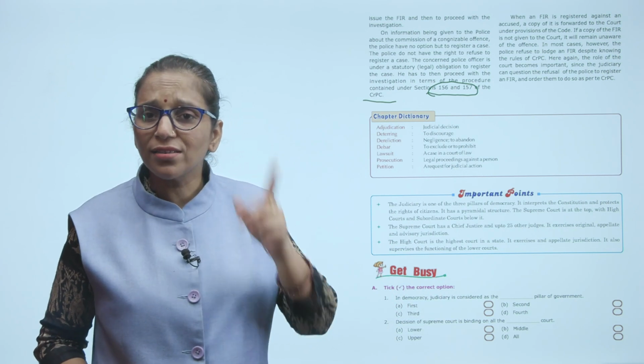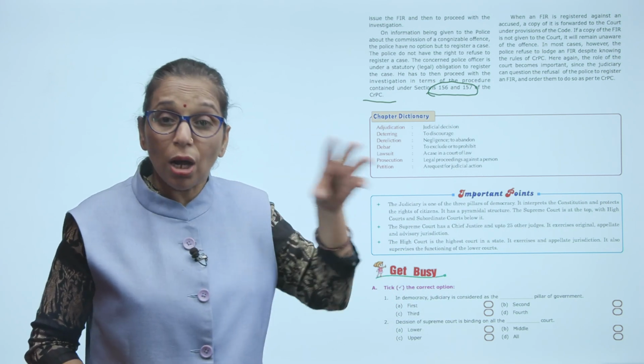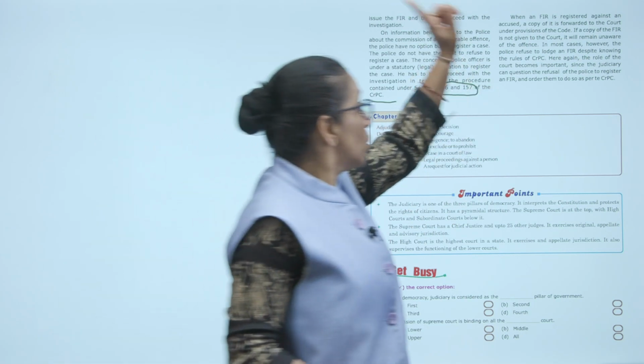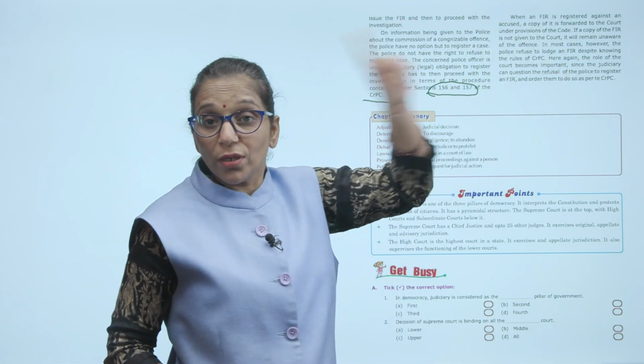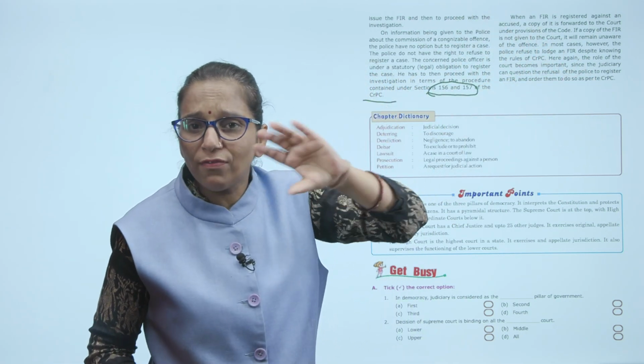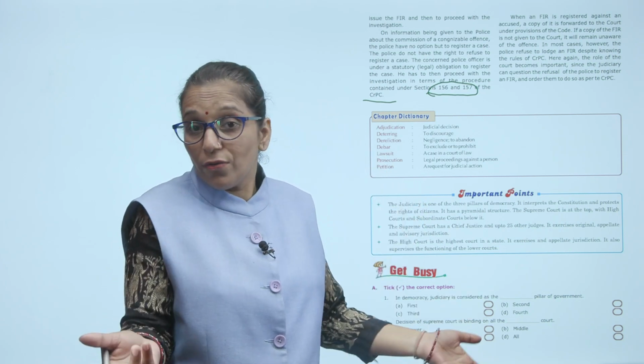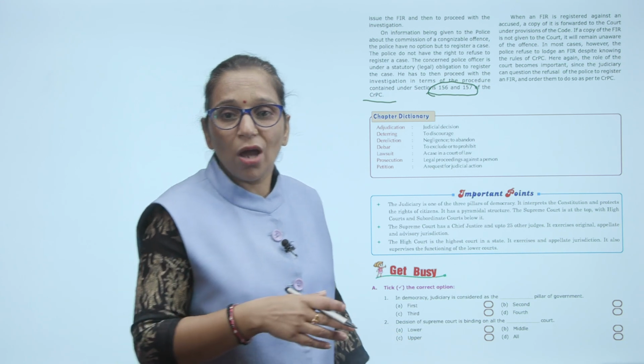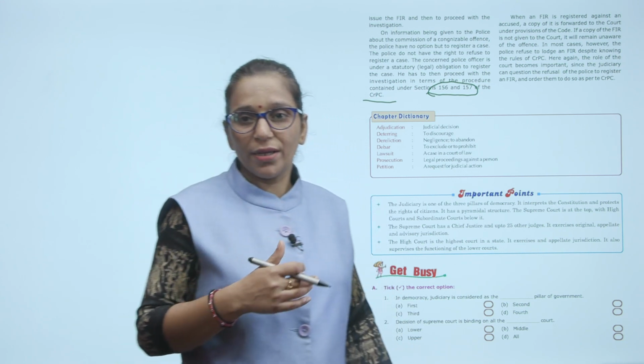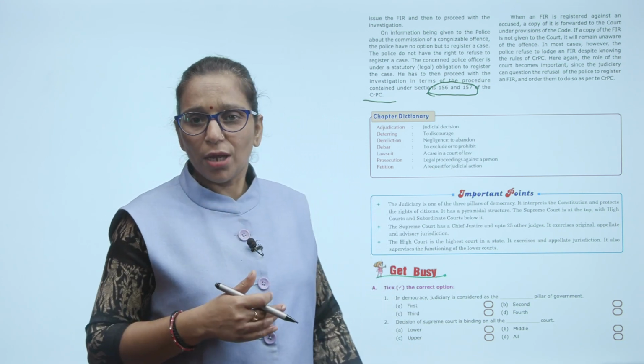When an FIR is registered against an accused, a copy of it is forwarded to the court under the provisions of the code. If a copy of the FIR is not given to the court, it will remain unaware of the offence. In most cases, however, the police refuse to lodge an FIR despite knowing the rule of CrPC.